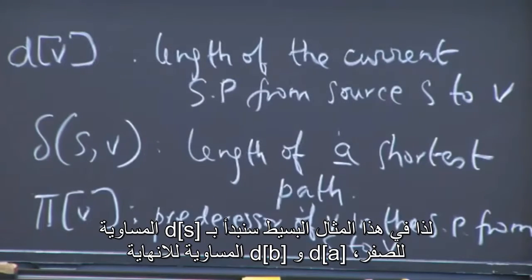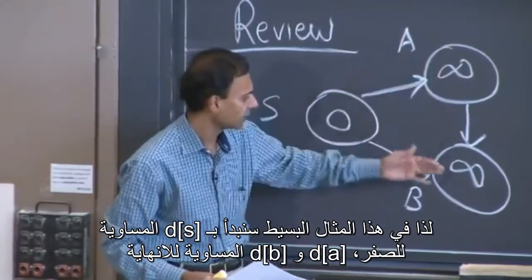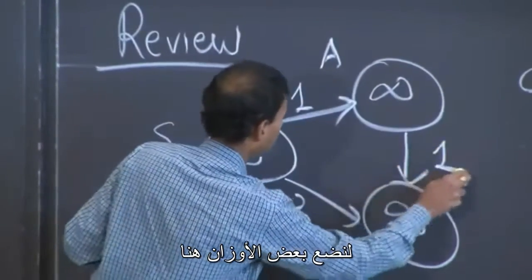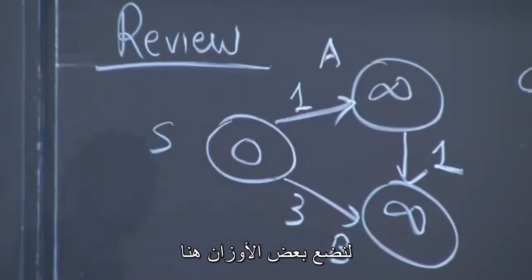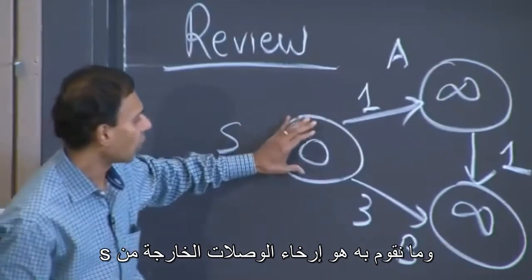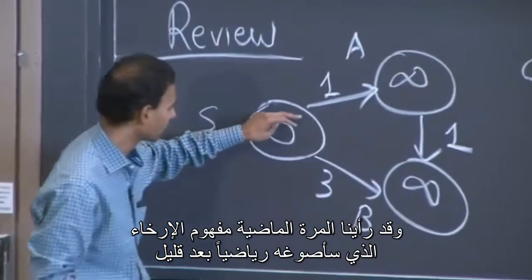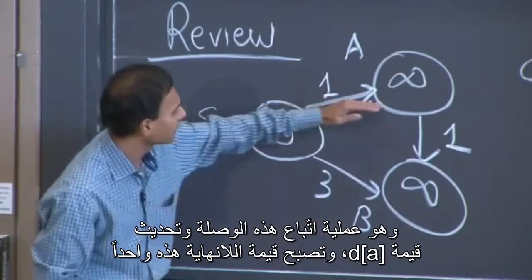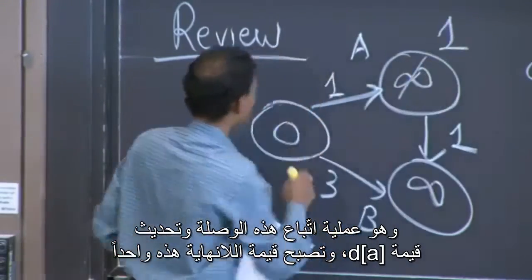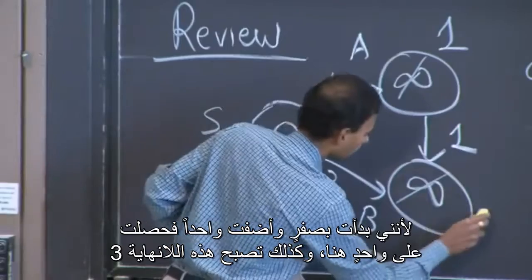So in this trivial example, you start with d of S being 0, and d of A and d of B being infinity. Let's put down a few weights here. And what you do is potentially relax the edges that go out of S. This notion of relaxation, which I'll write out formally in a minute and we looked at last time, is a process of following this edge and updating the d of A value, and this infinity becomes 1, because you say, well, if I start here with 0 and I add 1 to it, I get 1 here. Similarly, this infinity becomes 3.